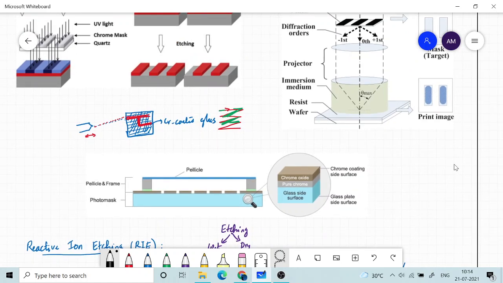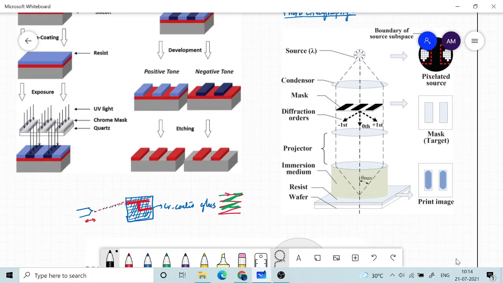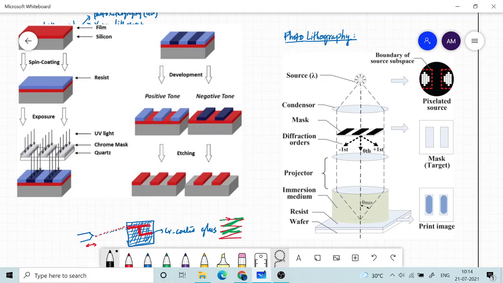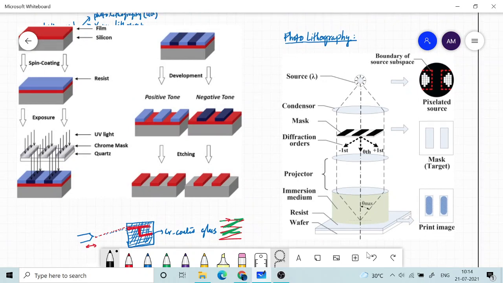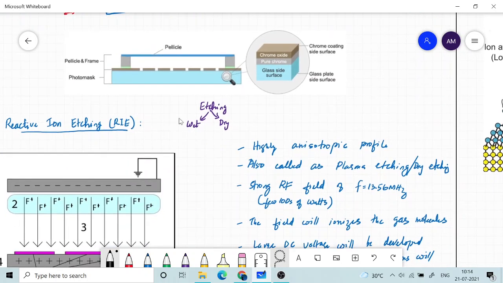The only thing is that we need to first coat or deposit or grow that layer, and then follow the same procedure: coat it with the photoresist, then alignment and exposure, then developing, followed by etching. And while etching different layers, the material that we use in the reactive ion etching may be different.